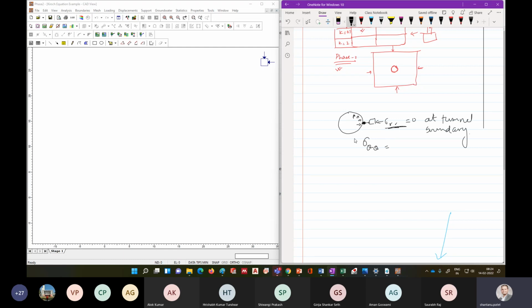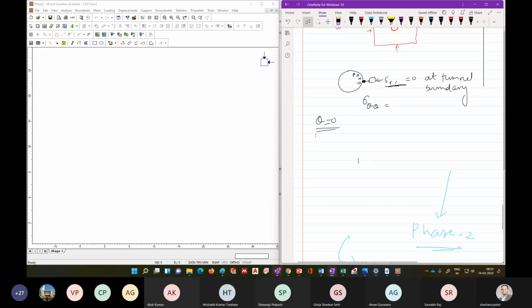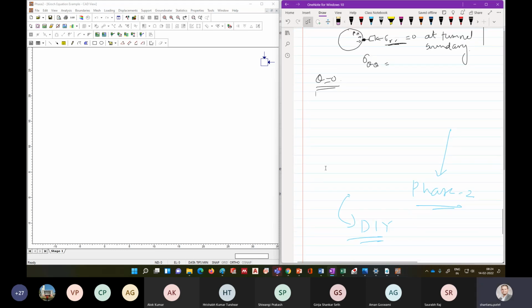So if you put, first, theta equal to 0, this is one of the critical locations. At theta equal to 0, if you put it in the Kirsch equation, sigma theta theta becomes P into (3 minus K).